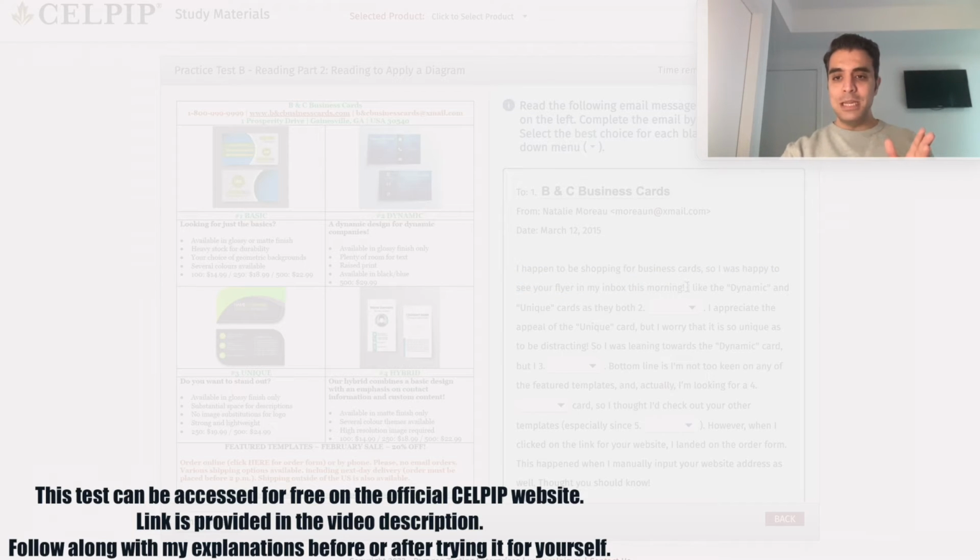Let me show you what I mean. Look at this sentence here. "I like the dynamic and unique cards as they both something." So which part of this flyer is being focused on? The dynamic and the unique cards. Okay? Now, it says they both something.